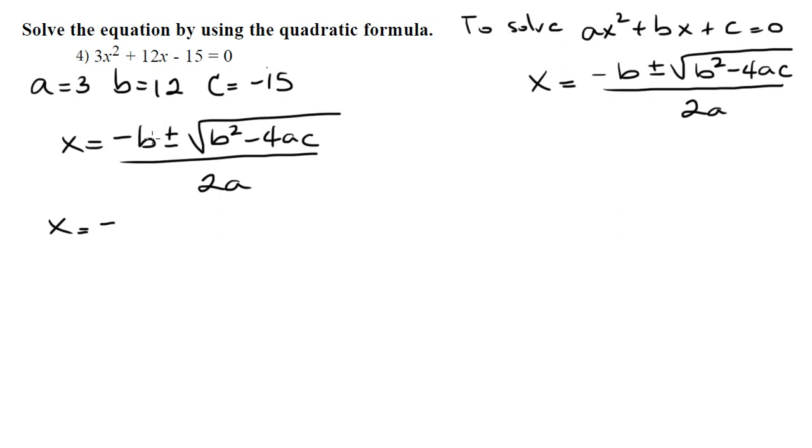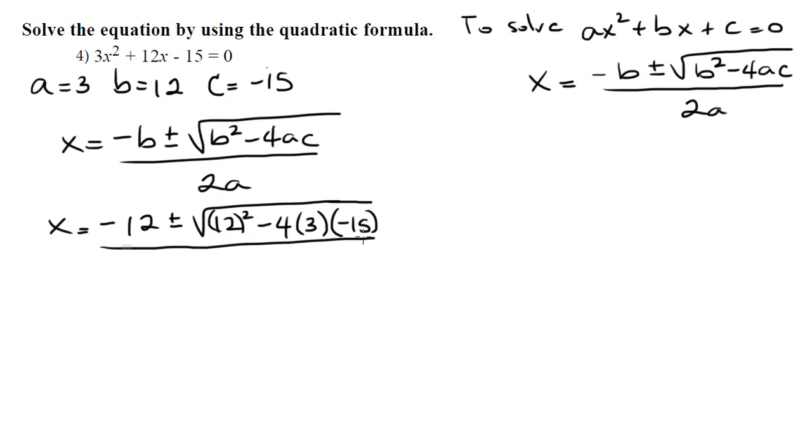Negative b is negative 12, plus or minus the square root of b squared, which is 12 squared, minus 4 times a, which is 3, times c, which is negative 15, everything over 2 times a, which is 3.